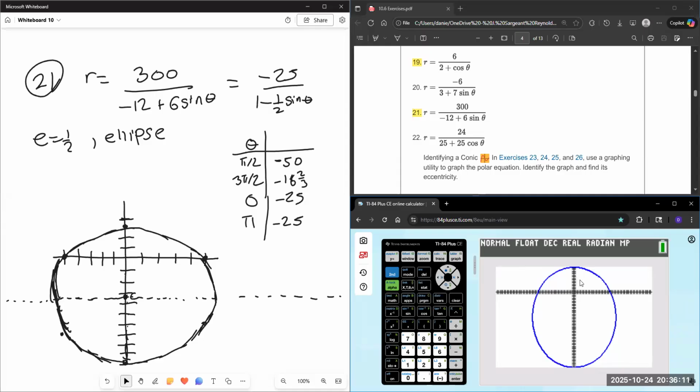The more eccentric that the path is, the more elongated this is, the less circular it is. The closer the eccentricity is to 0, the more circular the orbit is. Let's see what else.